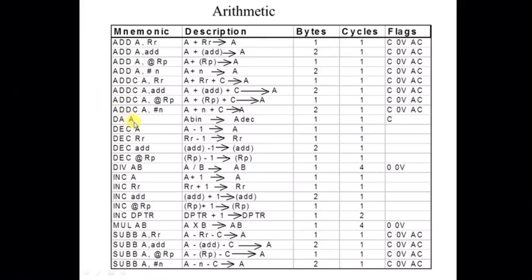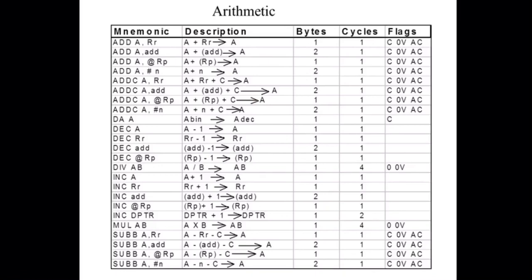Then you can use this syntax, DAA, decimal adjust after addition. And then DEC A. This is like minus minus, which will decrement the accumulator value by 1. DEC Rr will decrement the register value by 1.